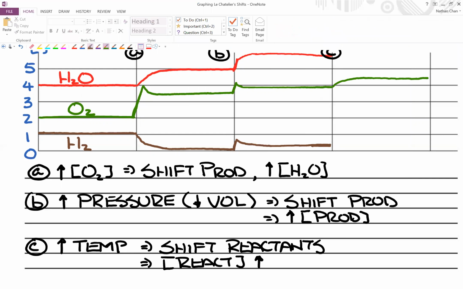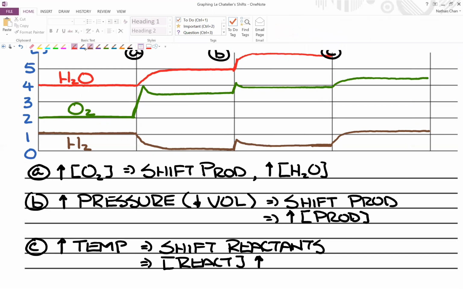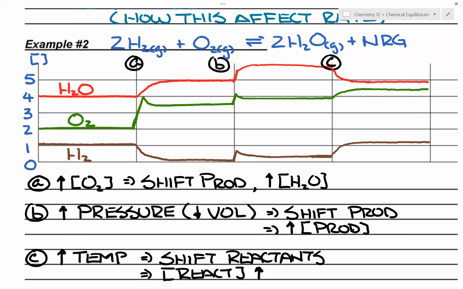Hydrogen will also go up since it's a reactant, and let's say it'll go up a little bit more. And here, the water will go down. Okay, let's say, okay. Now again, I don't know if it represents it very well. It follows the mole ratio.